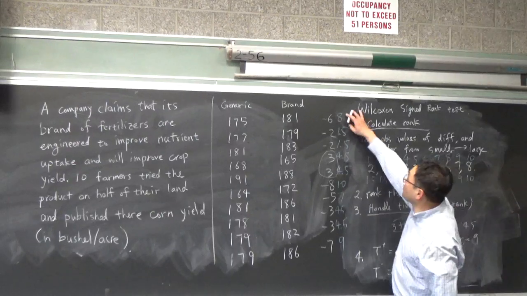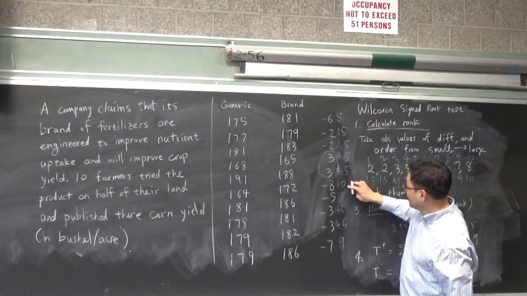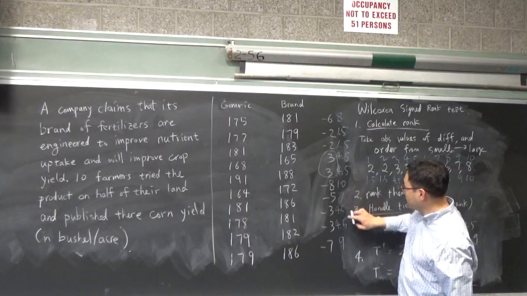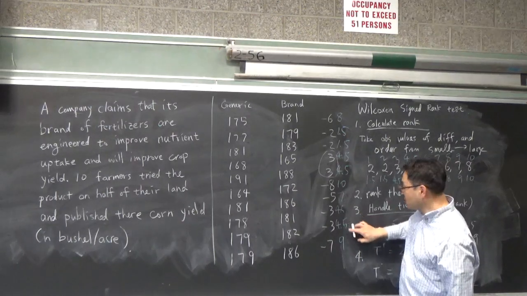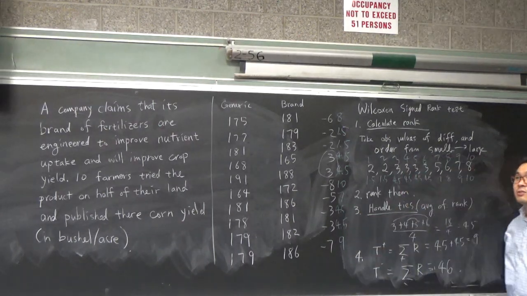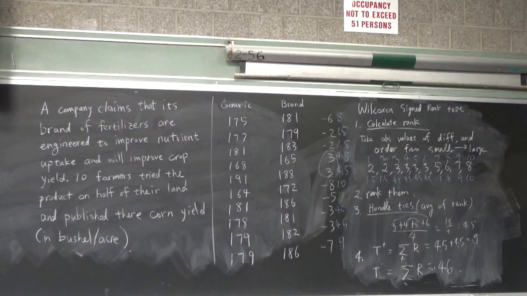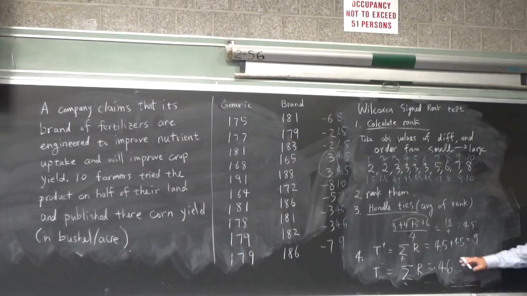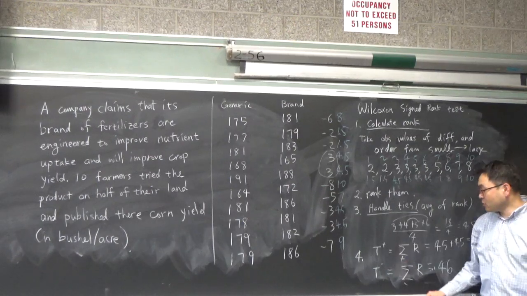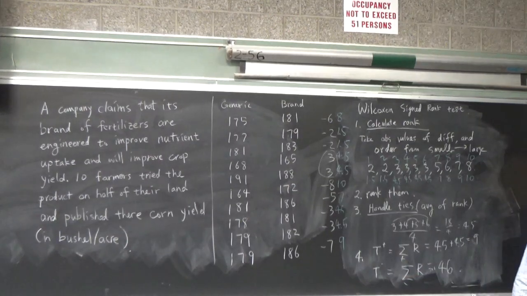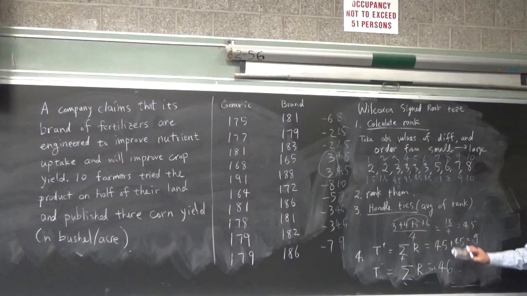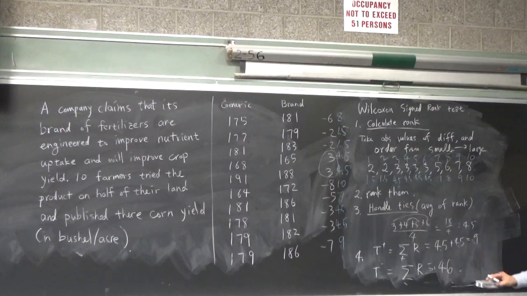Let me do it again. 8 plus 3 is 11. 17 plus 11 is 28. Plus 9 is 37. 37 plus 9 is 46. Good. So that's 46, that's your T minus. You get the sum of the ranks of the positive ones and the sum of the ranks of the negative ones, and that's going to be our test statistic for the Wilcoxon signed rank test.